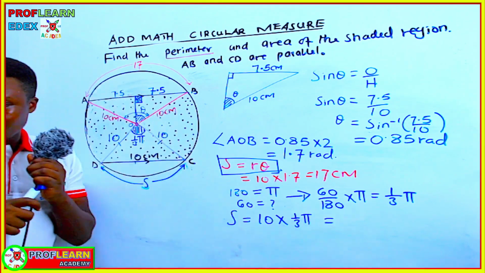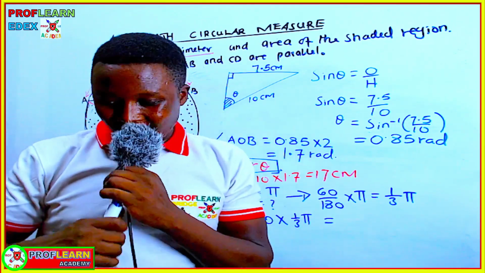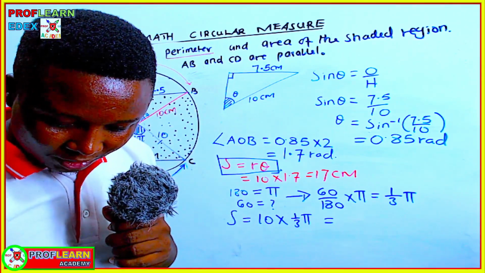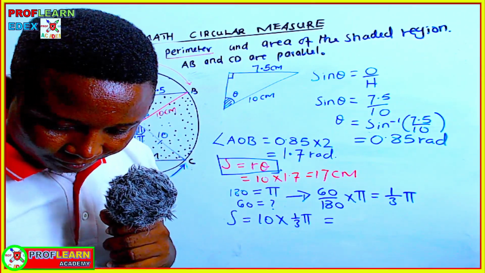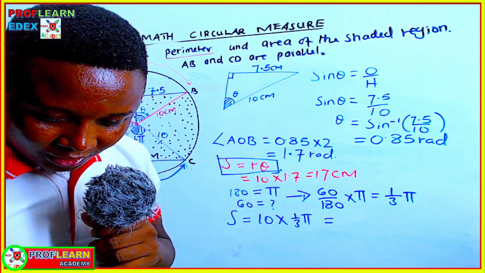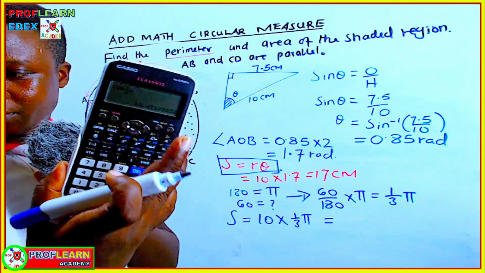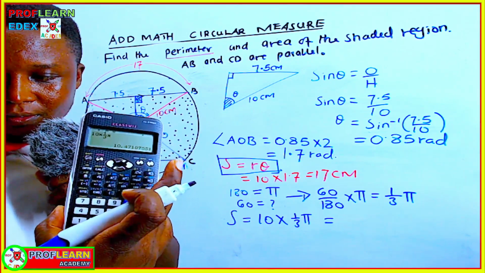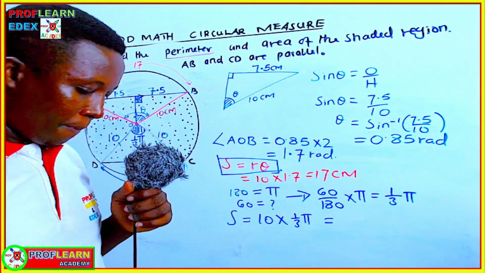Which is going to be equivalent to what? Let me work it out. This is 10 times 1 over 3 pi, which translates to 10.47.